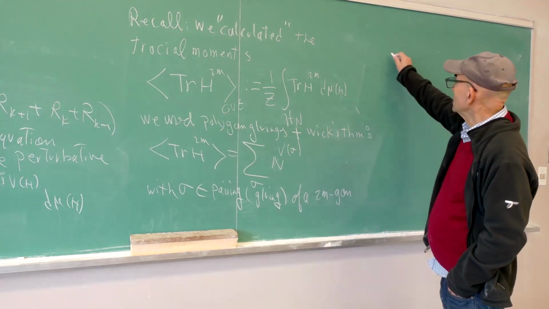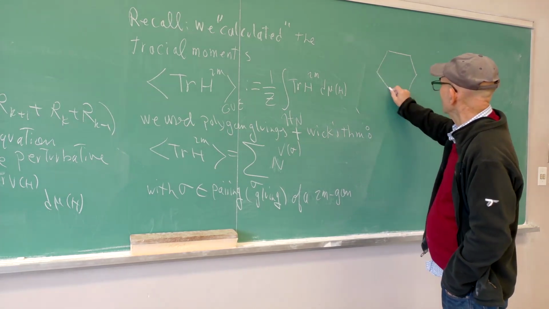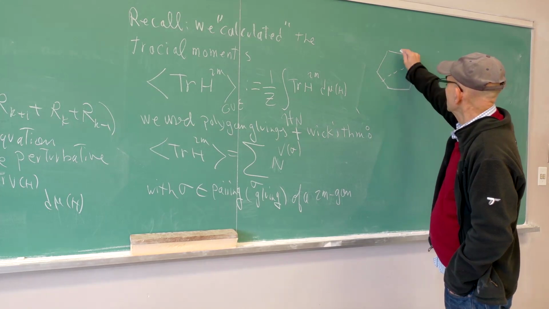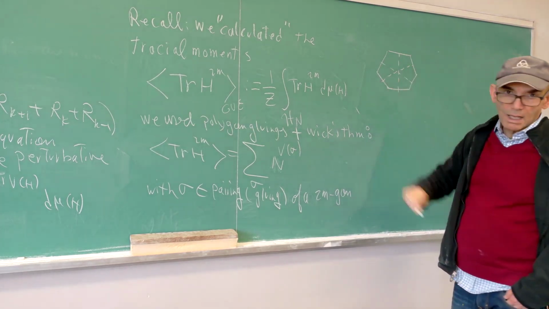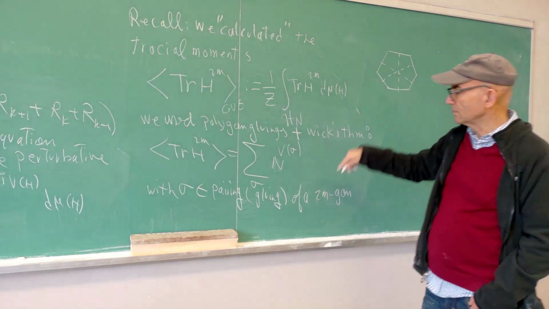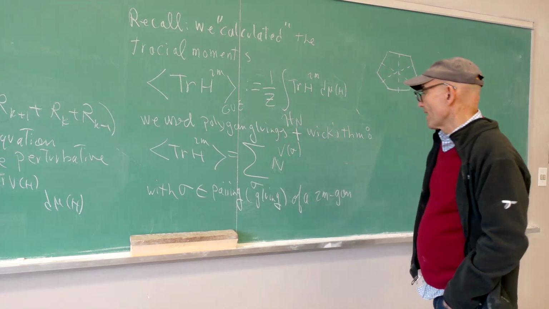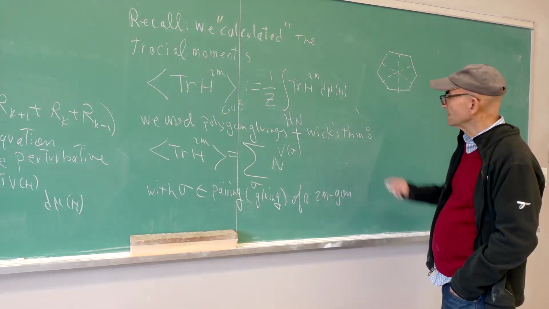And then what we did, so what is this gluing? Here is a 6-gon, for example. So we just chose one gluing like this. And then this gave us one term in this expansion. And then we used Euler's formula, right?